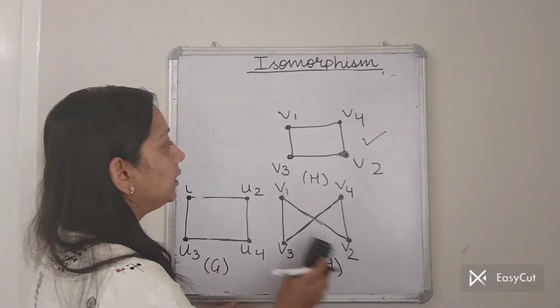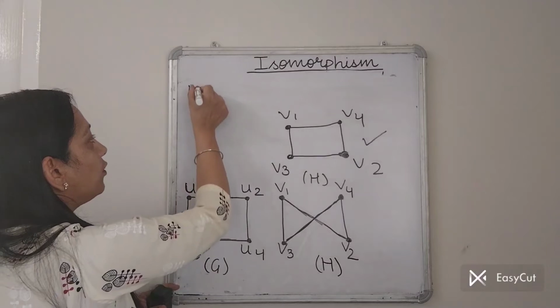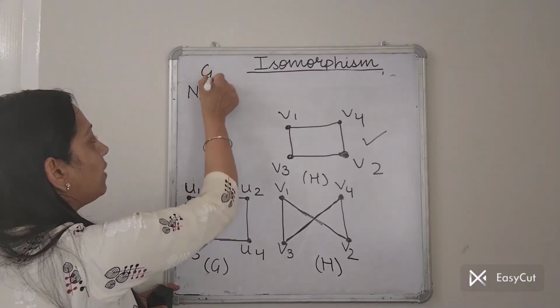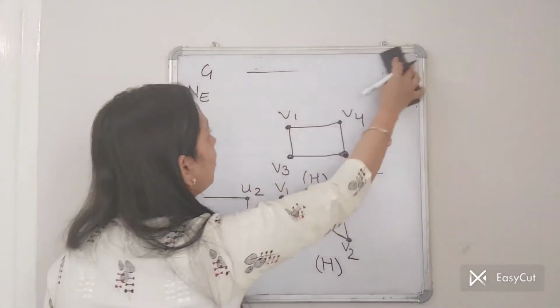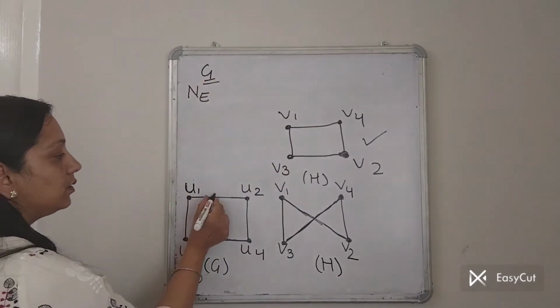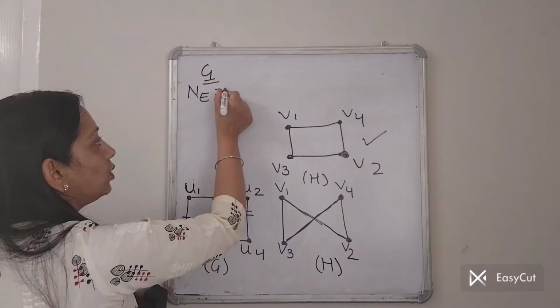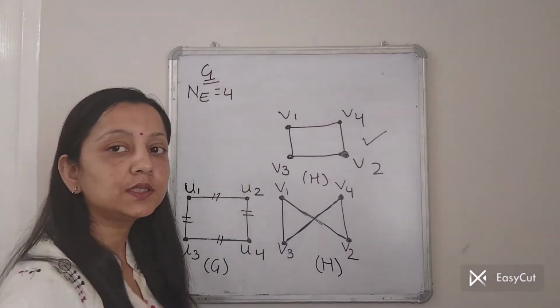Now clearly I can see the number of edges. If I talk of graph G, what are the number of edges in graph G? 1, 2, 3 and 4. So that means the total number of edges in graph G is 4.